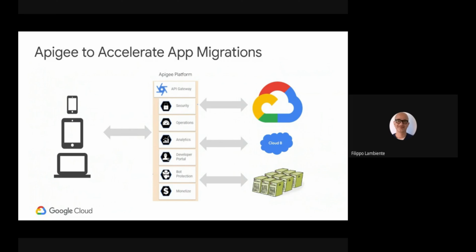It's not disruptive, because it will initially be a pass-through to the existing asset, and then gradually the pass-through will split the traffic and route the traffic from the client to the new application developed on the cloud, without being disruptive on the consumer side.